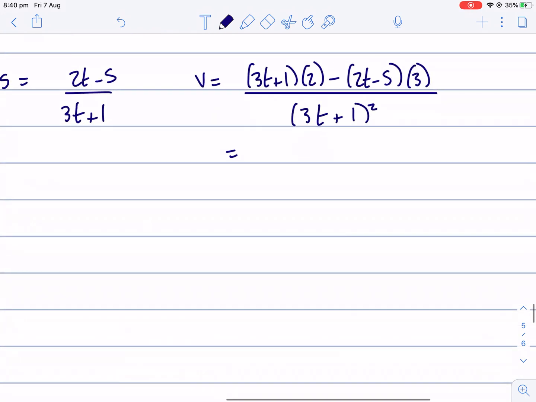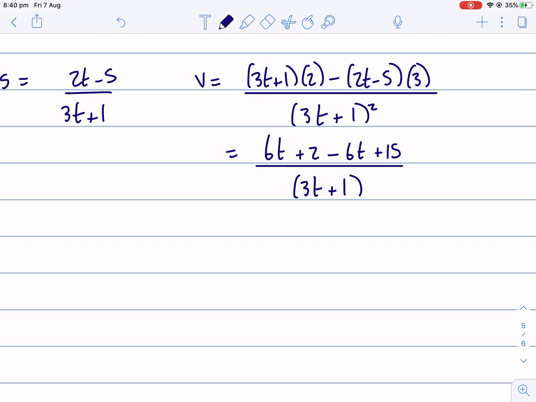That's going to give us (6t + 2) take (6t - 15) over (3t + 1) squared, which gives us 17 over (3t + 1) squared. I'm going to simplify this because I have to differentiate it again to find acceleration.